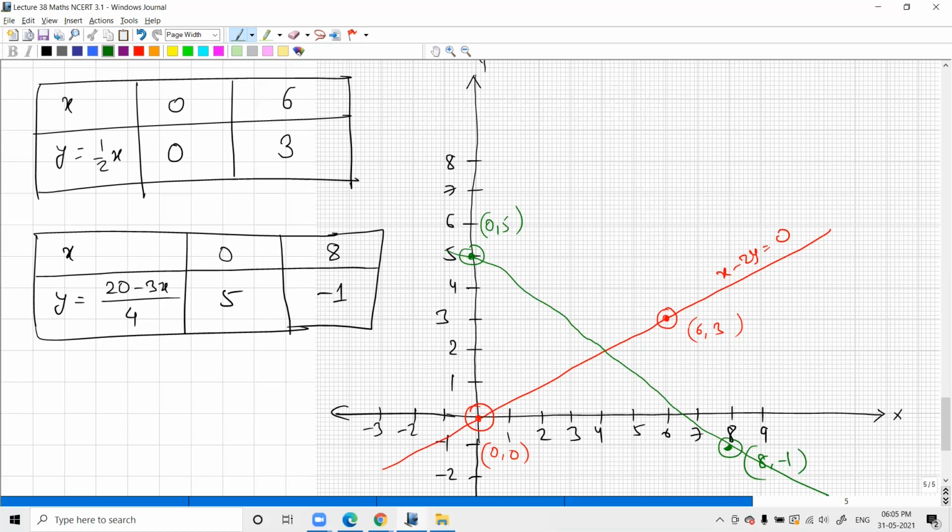When you plot this graph, always make sure that alongside the line you write the equation of the line also. Like I have done here, this red line is x minus 2y is equal to 0, and the green one is x plus 4y is equal to 20.